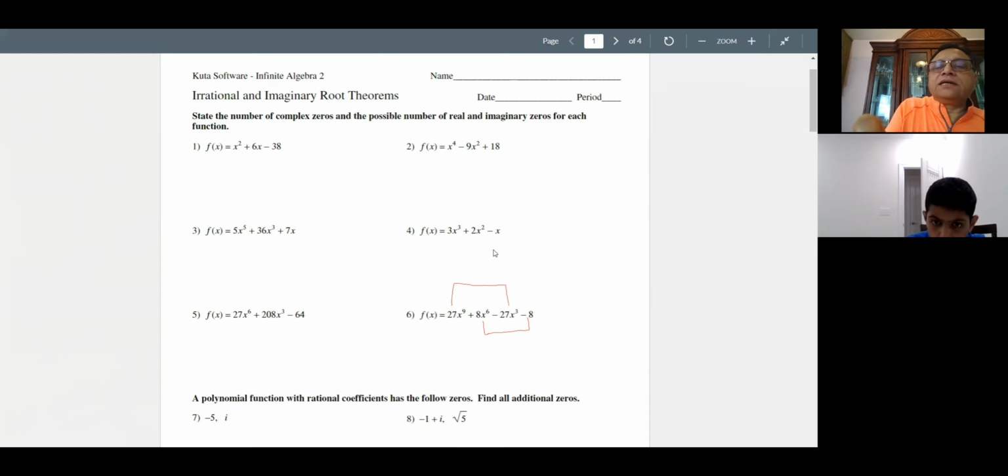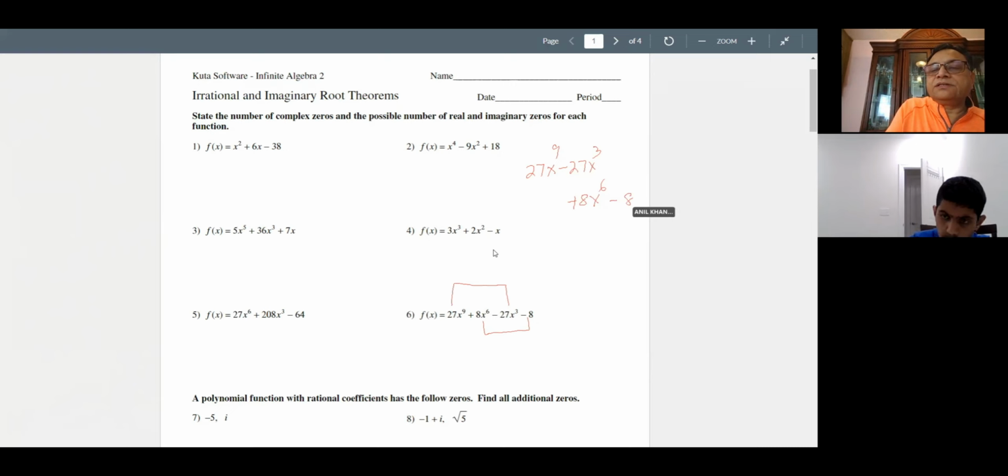So let's do this. Slightly complicated question. We'll rewrite this as 27x to the power of 9 minus 27x cubed as one, and the other one is plus 8x to the power of 6 minus 8.